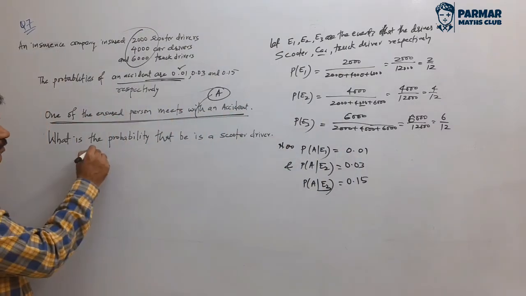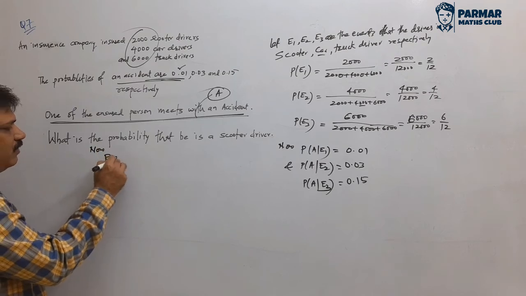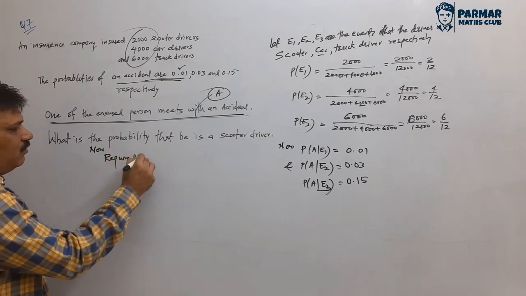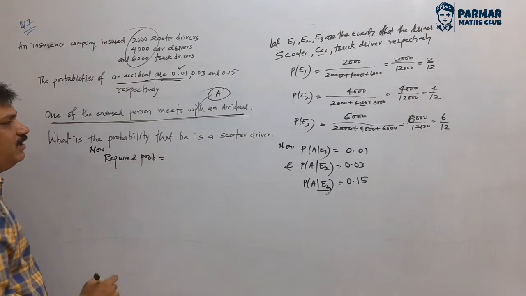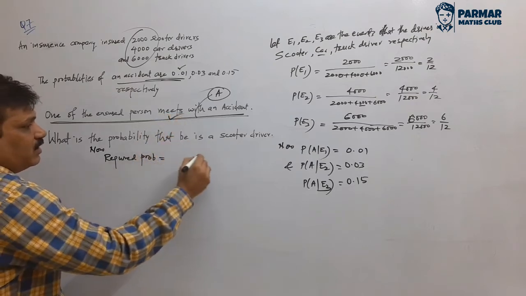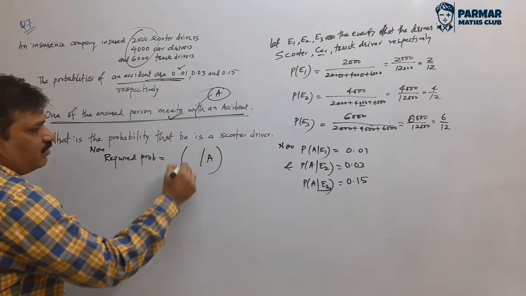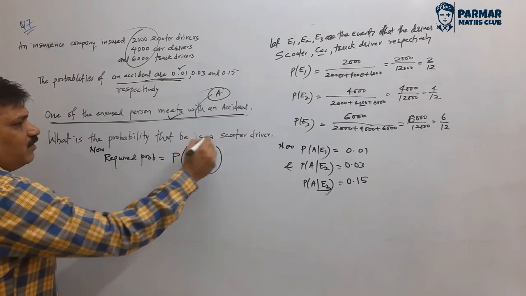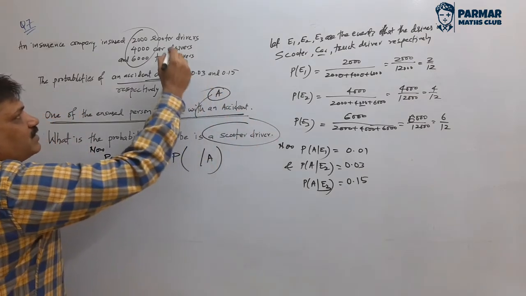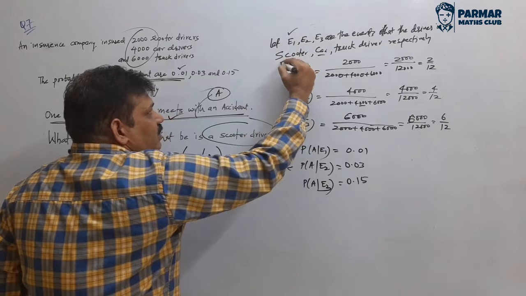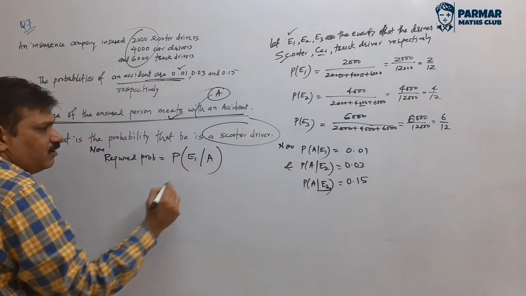Now, the required probability. What probability do we need? A has already happened. It is known. What is the probability that it is a scooter driver? That means E1. E1 is the event that the driver is a scooter driver.